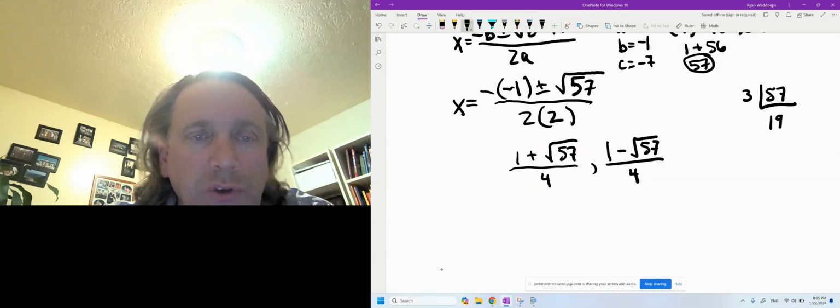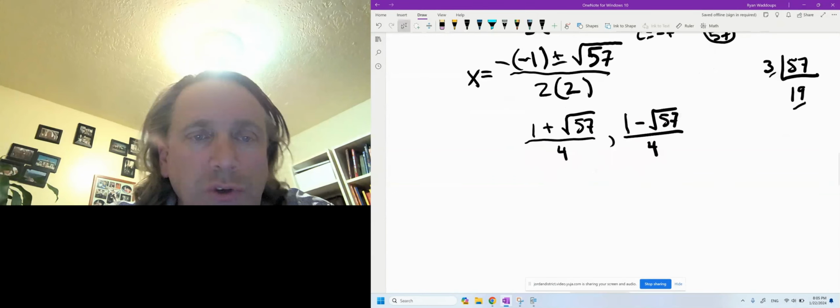So both 3 and 19 are prime, and you only have one 3 and you only have one 19, and you'd need a pair of them in order to simplify that 57. And you can't. So that would be the exact answer if these were not integers, and they're not. So you can't simplify that square root of 57.